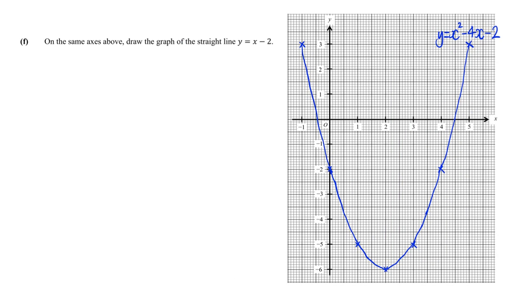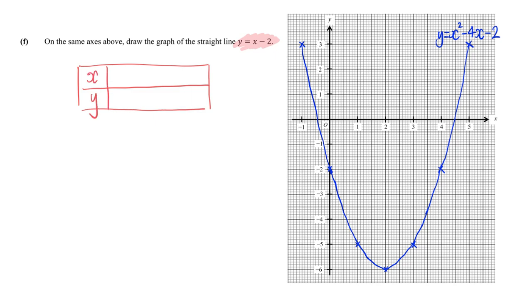Let's move on to the next part of this question. For this part of the question, they want us to draw another straight line here, but before we even get started, given any graph, how do we draw the graph on the graph paper? What do we need? Yes, we do need a table of values. Okay, and since this is a line, preferably 2 to 3 points.